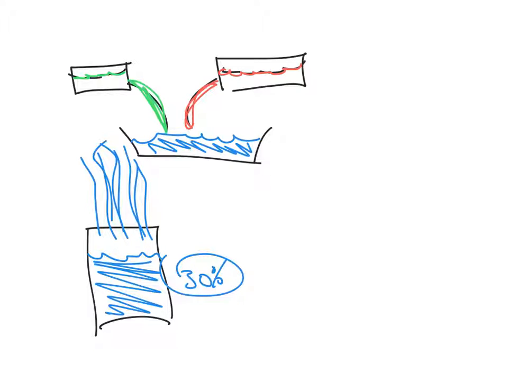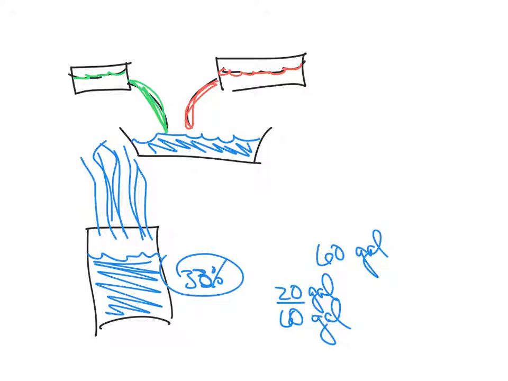So let's say we started with 60 gallons. Let's say that 20 gallons out of that 60 gallons is salt. That'd be around 33%. Okay?